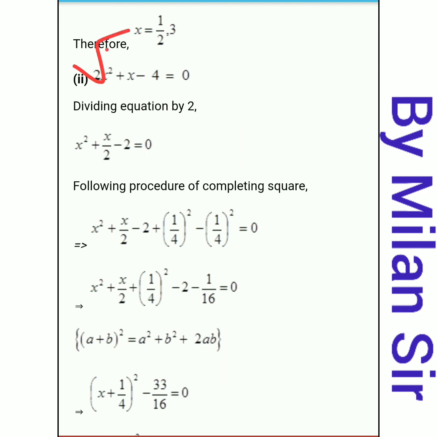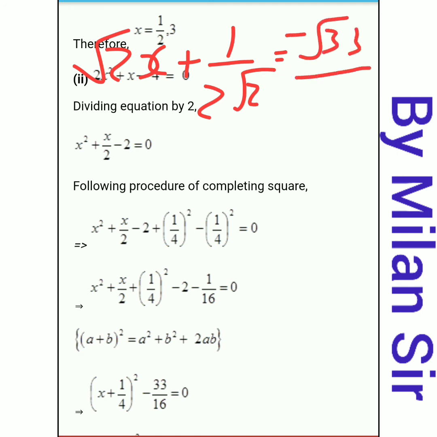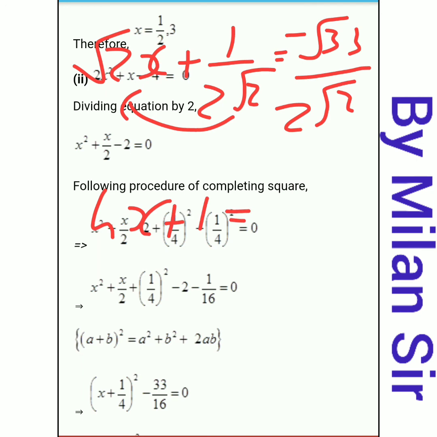Okay, then we need to consider under root 2x plus 1 upon 2 under root 2 is equal to minus under root 33 divided by 2 under root 2. Here again we need to take the LCM. So multiply this 2 under root 2 with under root 2. So 4x plus 1 and minus under root 33.